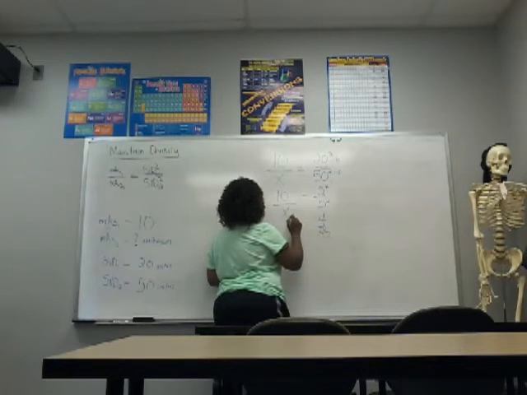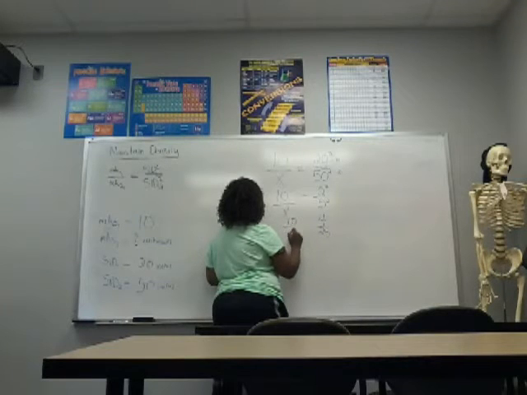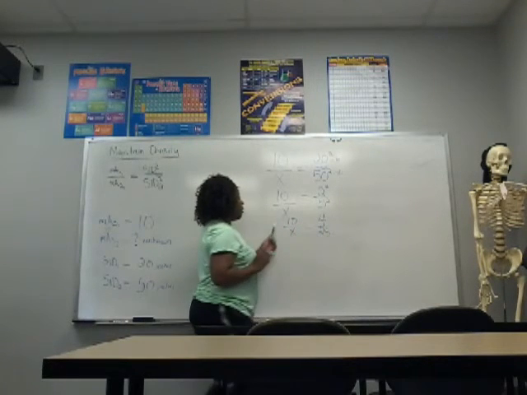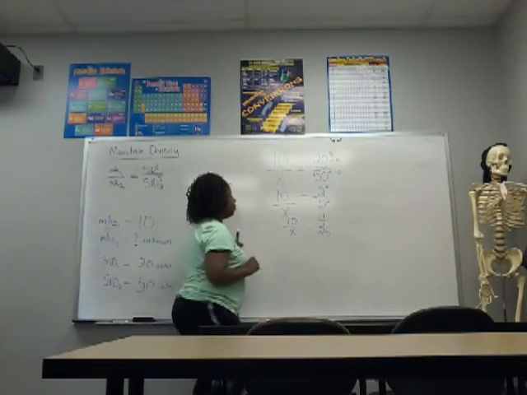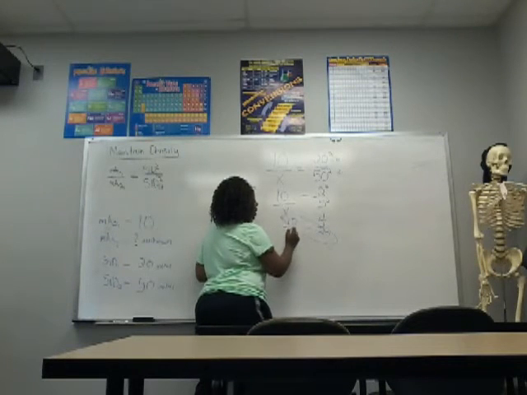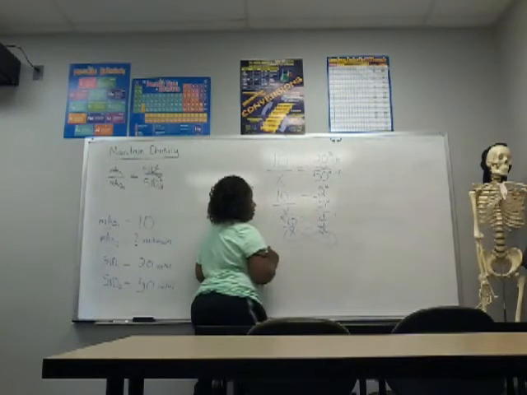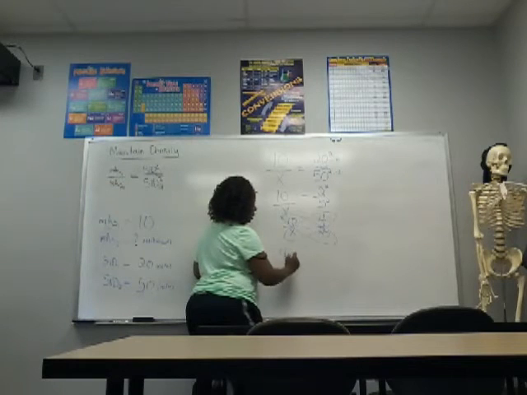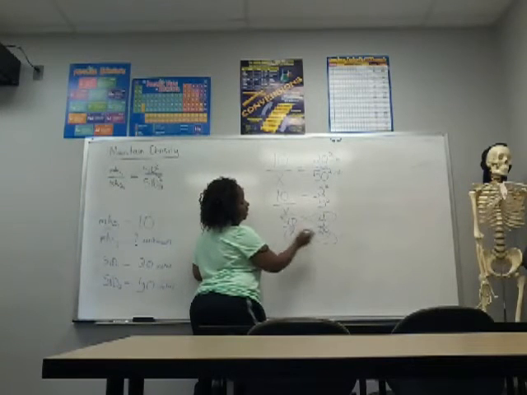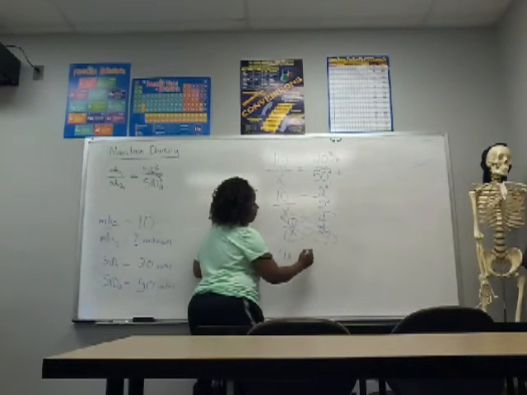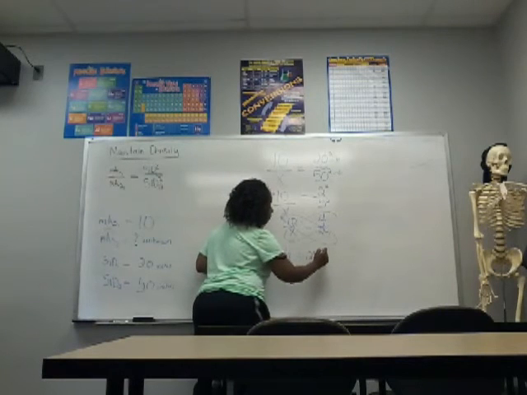I'm just continuing to bring things down. 10 over x equals 4 over 25. This is where I get to cross multiply. 4x equals 10 times 25, which is 250.